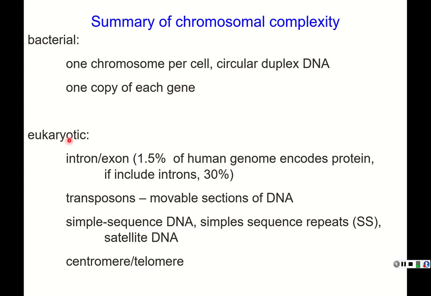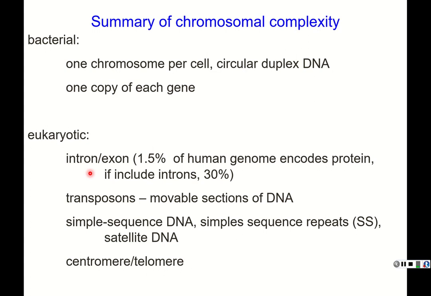Okay. Eukaryotic cells, the real difference here is that there can be varying numbers of chromosomes. The thing about eukaryotic cells that's really interesting is that they have introns and exons. In the gene encoding regions of the DNA, there are sequences called introns, which stands for intervening sequences.